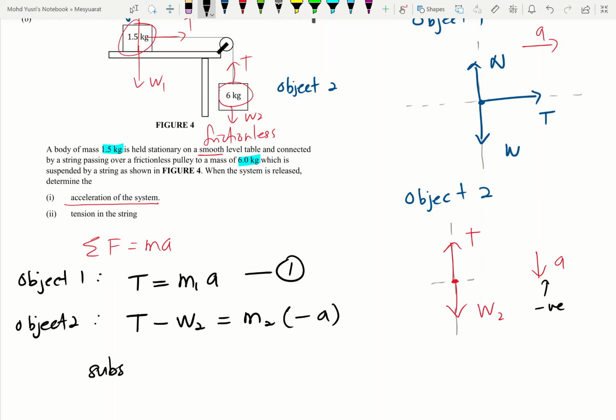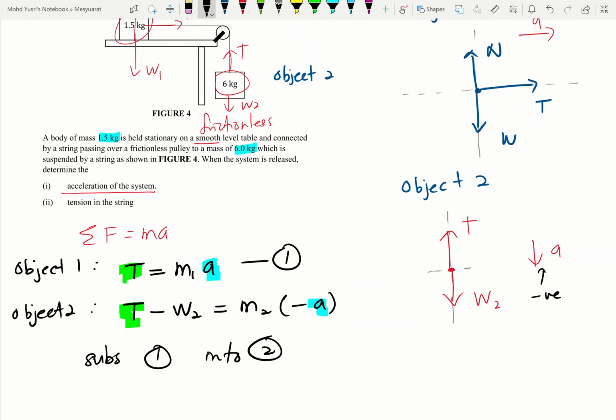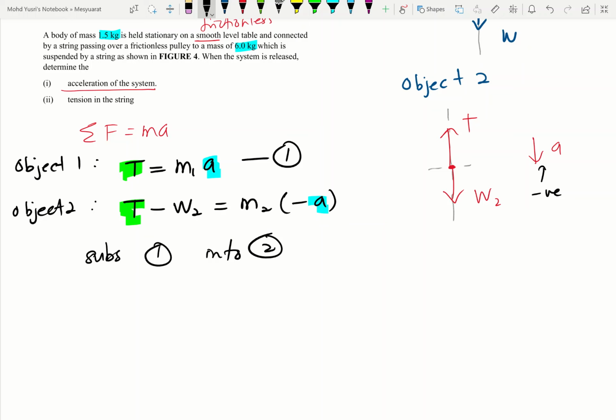So we can substitute. Since we want to find A and T is unknown, we substitute equation 1 into equation 2. We end up with M1A minus W2 is equal to negative M2 times A. Then we substitute the info.